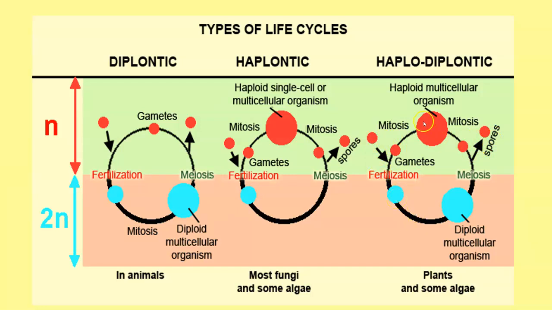And here you have the haploid multicellular organism, which through mitosis gives you the gametes, and this further after fertilization again gives you the diploid organism, or it may give you the haploid multicellular organism. So both the life cycles are followed in this case. We have a number of land plants and many algae that follow this type of life cycle.